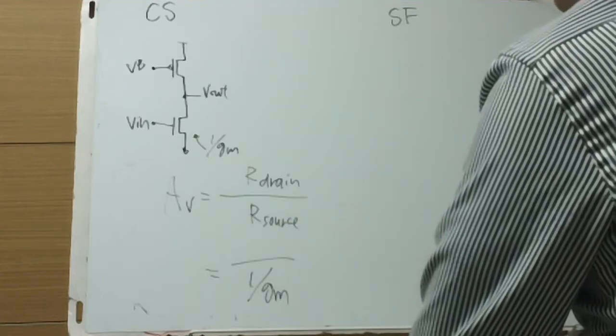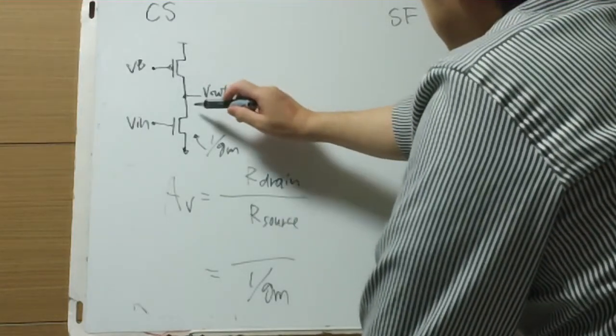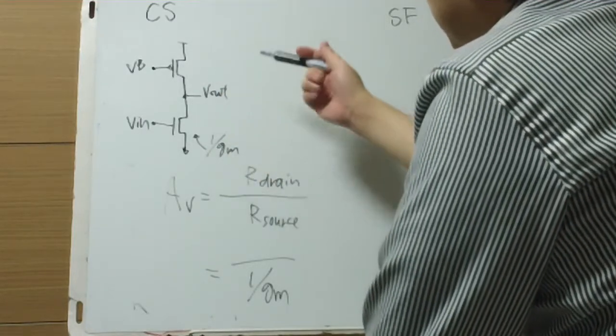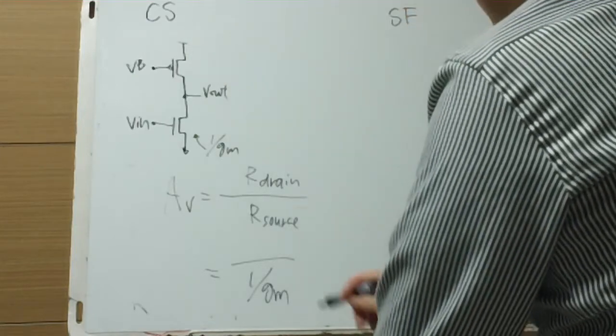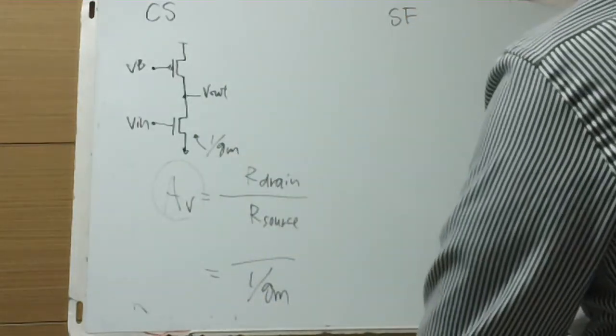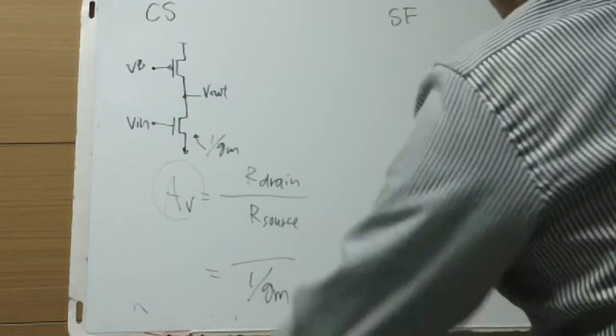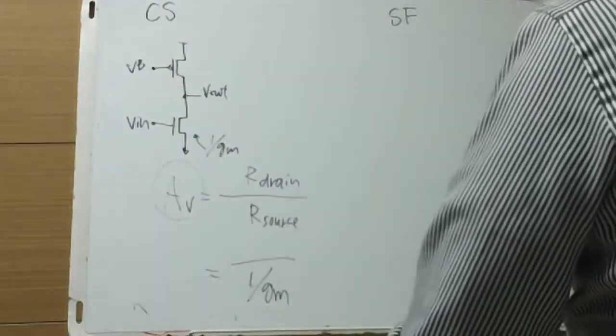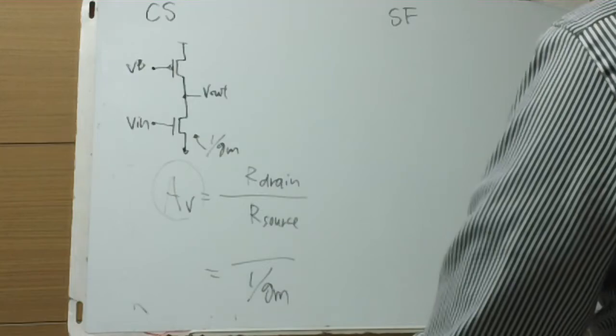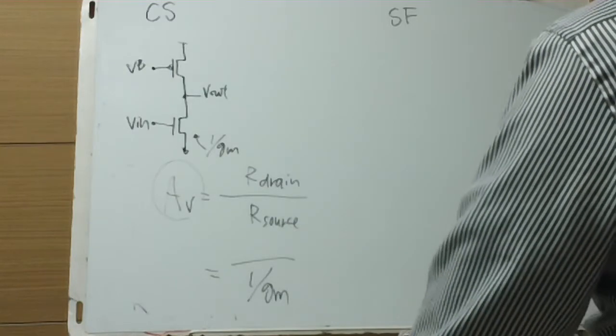And looking into the drain, there's RO1 and RO2 in parallel, because this is the small signal equivalent. VDD and ground both are AC grounded.